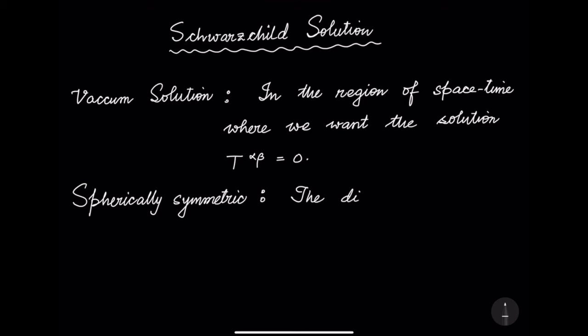I said vacuum solution means that in the region where we are interested in the metric, T alpha beta equals 0, but there can be something somewhere else which is creating that metric in that region. So the distribution for which this solution holds over the entire space and time is spherically symmetric.